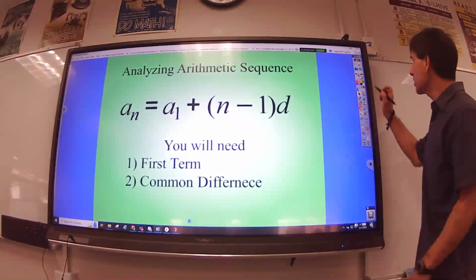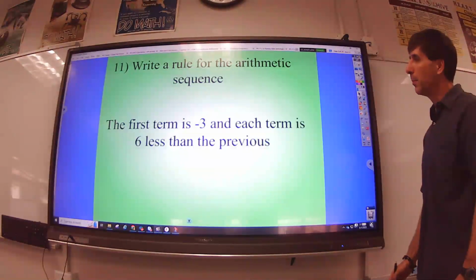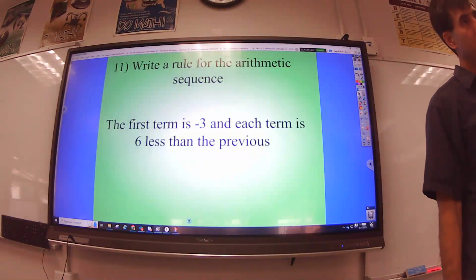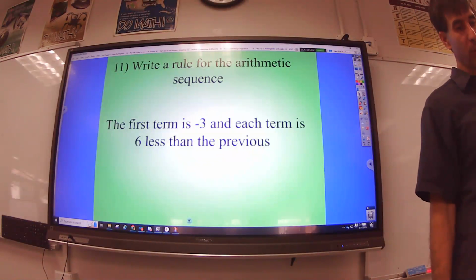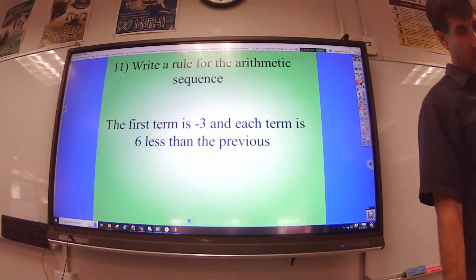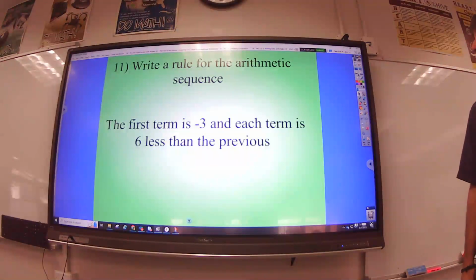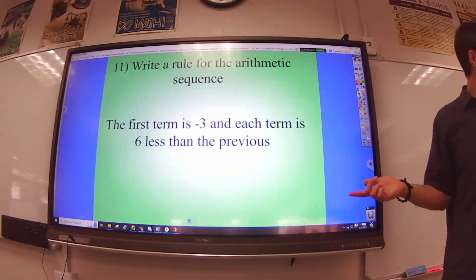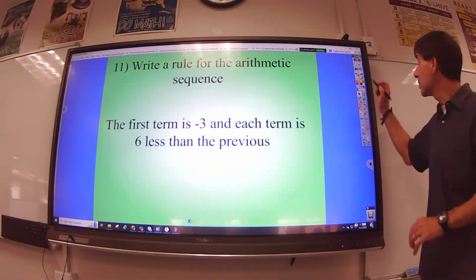So let's go ahead and do number 11 on your assignment. I'll give you guys a second to get your homework out. We use this formula. Write a rule for the arithmetic sequence. The important thing is you need to know what the sequence is in order to use this equation.